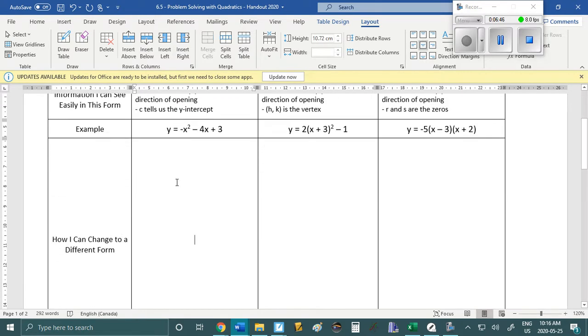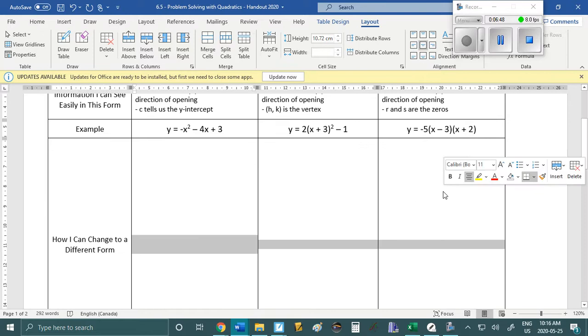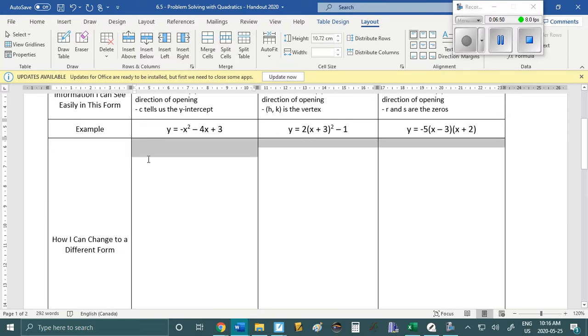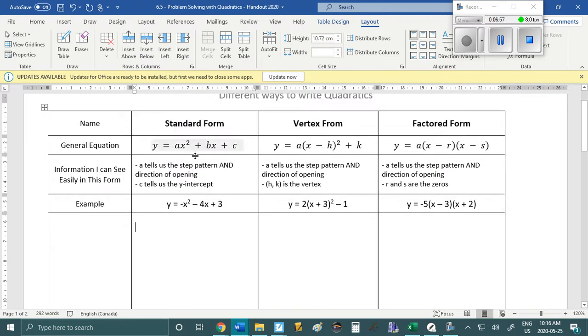Okay, examples. How can I change to a different form? So what that means is, like, how do I go from standard form to vertex form, or how do I go from standard form to factored form? So 1.